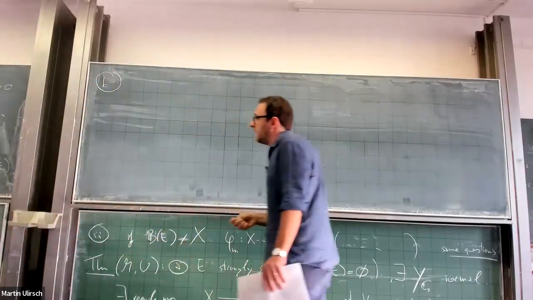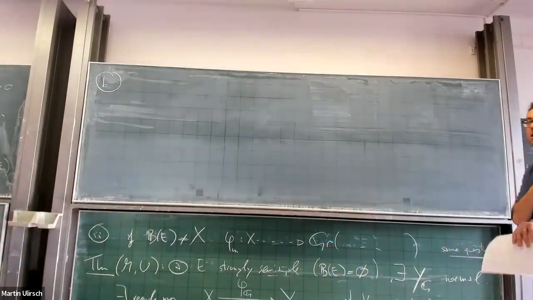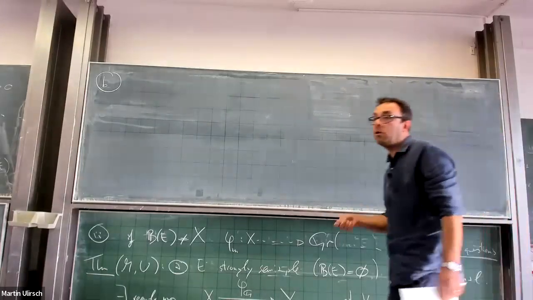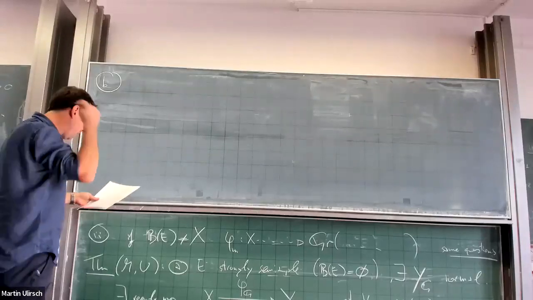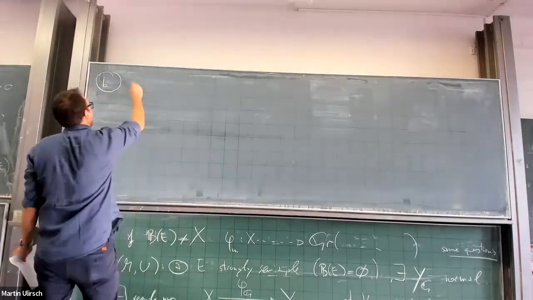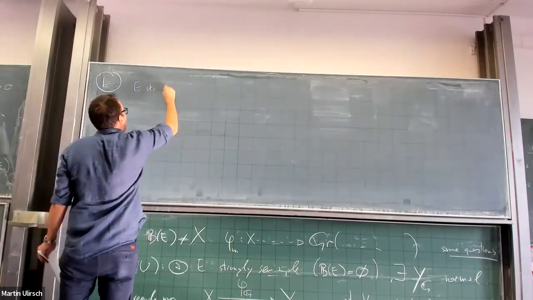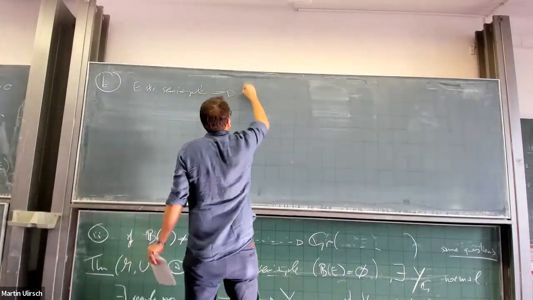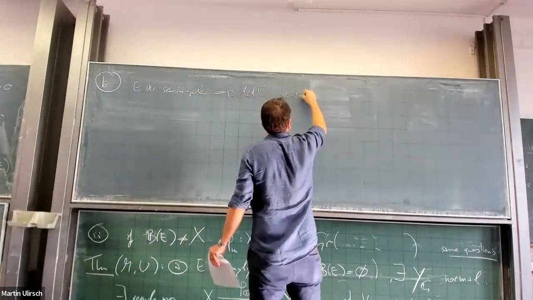We can remark that as my hypothesis E is strongly semiample, this means that the symmetric product of E is globally generated, but therefore also some power of the determinant of E is globally generated. So E strongly semiample implies that the determinant of E is a semiample line bundle.